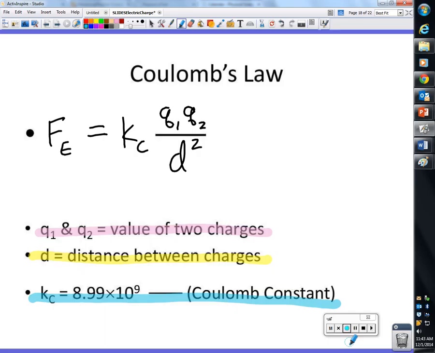It doesn't change, regardless of whether we're talking about positive charges or negative charges, or lots of positive charge or lots of negative charge. It does not matter. Notice, it's a pretty big number: 10 to the 9th power.